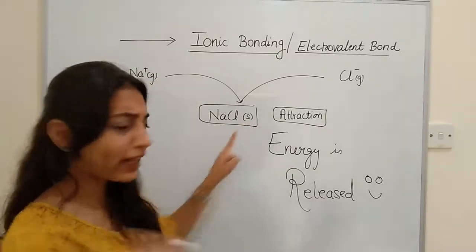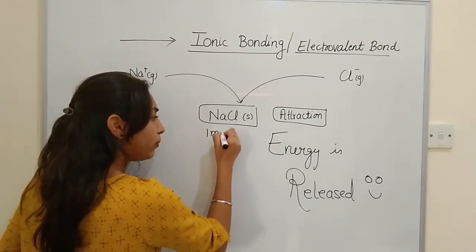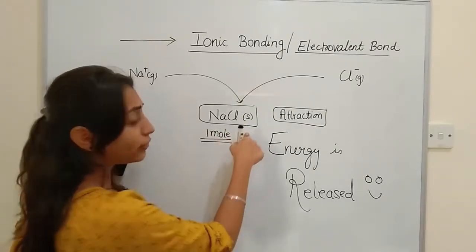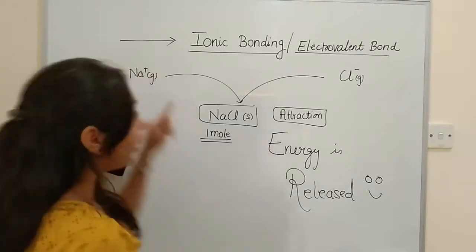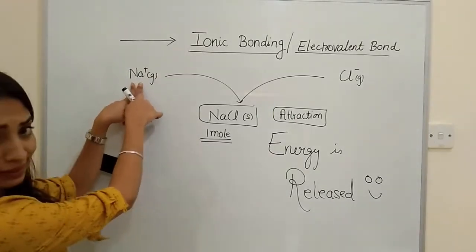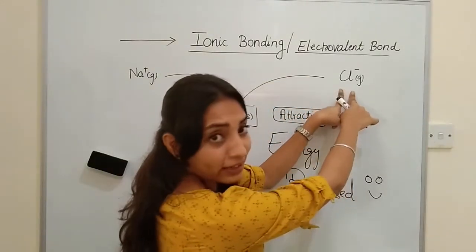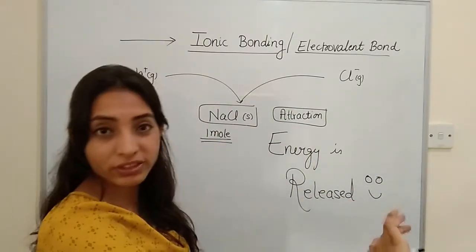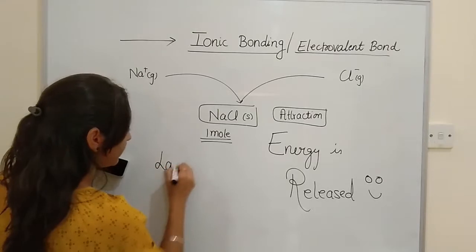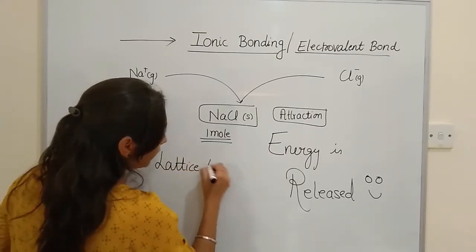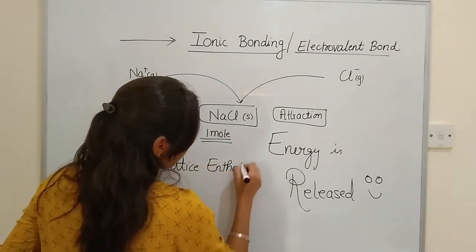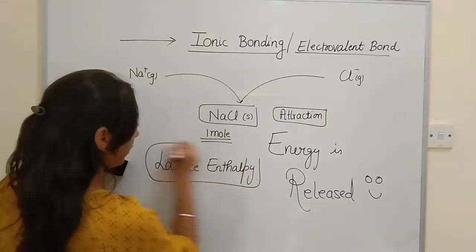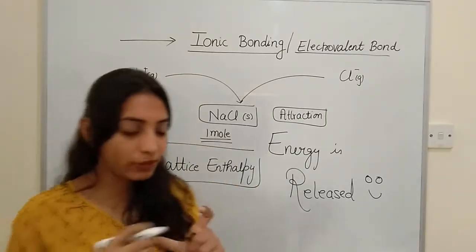Done? So can I say that when 1 mole of NaCl solid is formed from its gaseous cation and gaseous anion, the energy released is known as lattice enthalpy. Now what do we mean by lattice? We will come to that point also.